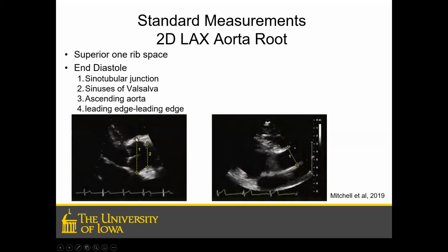They include the sinuses of Valsalva, the sinotubular junction, and the ascending aorta. All of these are measured leading edge to leading edge. So leading edge of this aortic wall to the leading edge of this aortic wall.